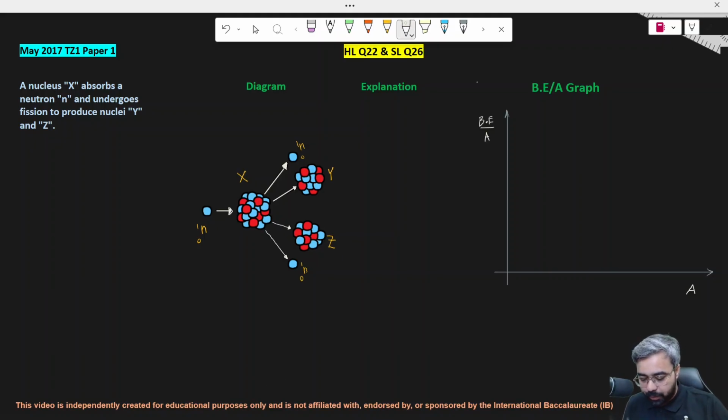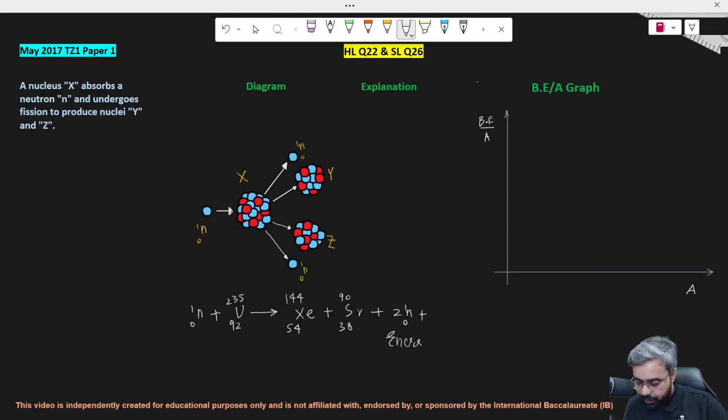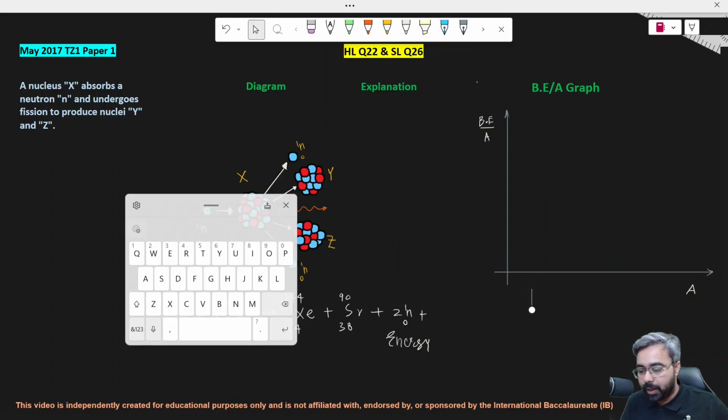I want to mention that reaction: when a neutron collides with uranium 92, 235, it splits into two fragments, one is xenon, that is 144, 54, and the other is strontium, that is 38, 90, plus two neutrons are released, just like you see in this reaction. And don't forget to write that energy is also released during this reaction. So energy is released.